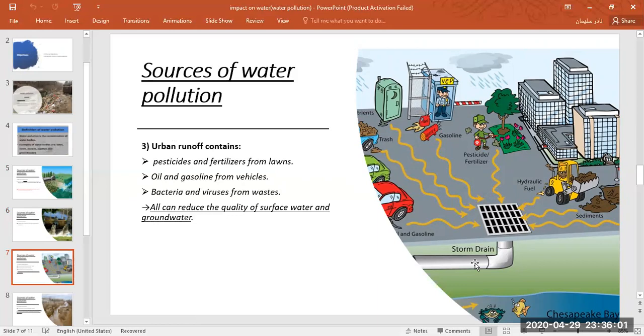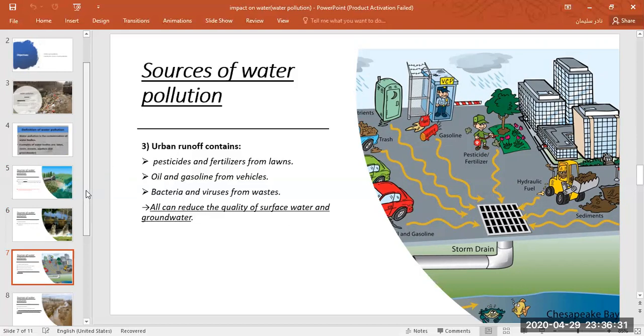So urban runoff contains pesticides and fertilizer from lawns or from farms, oil and gasoline from vehicles like cars, buses, trucks, bacteria and viruses from waste or from landfills, okay? And all of these pollutants cause water pollution when they are carried by the runoff, okay?